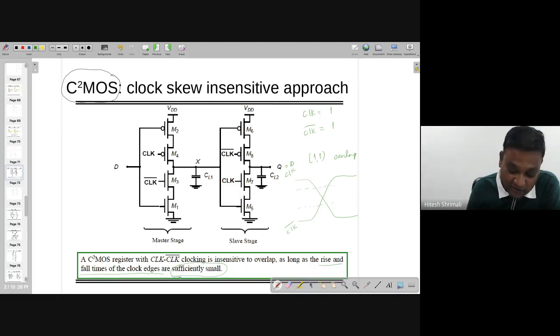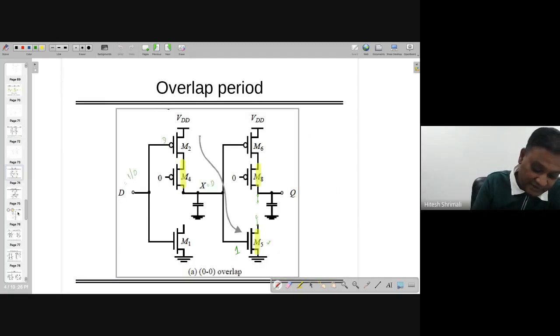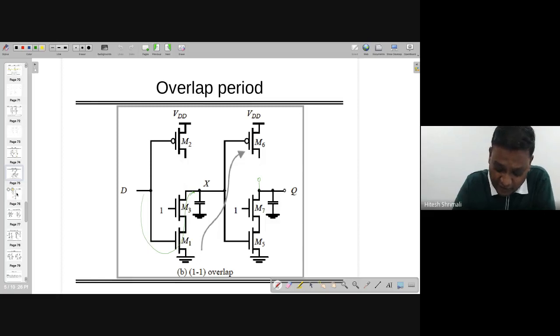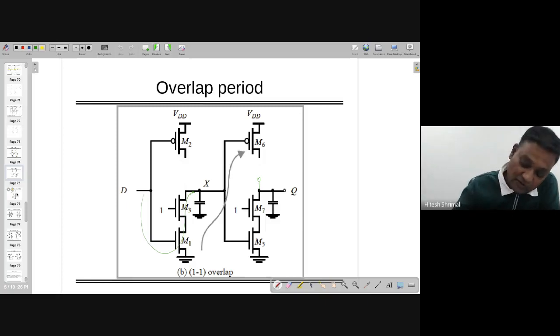If they are not, then such a problem will exist. For that, there is already one question given in Rabaey's book, and it explains that if rise time and fall time are not small enough, then you can observe that D and Q are exactly the same, right?